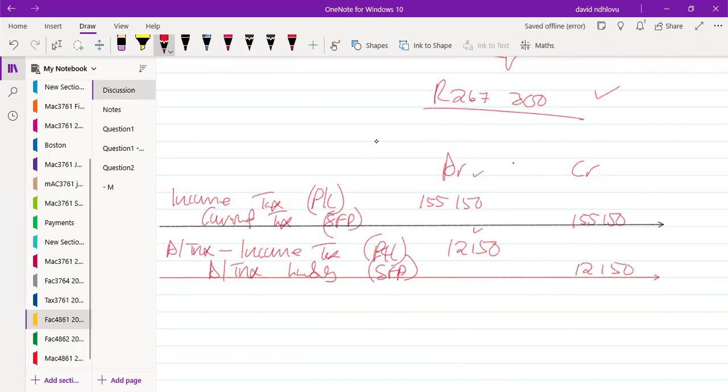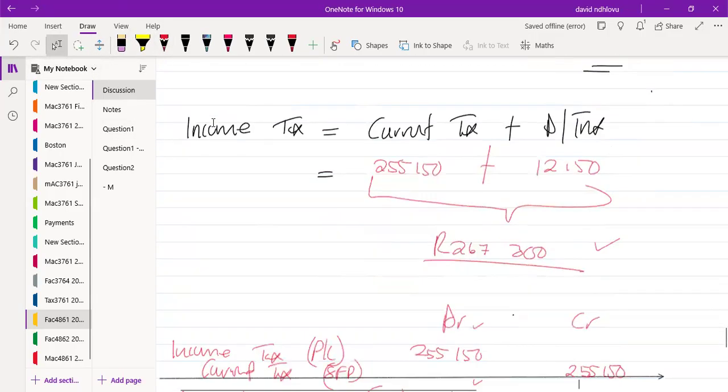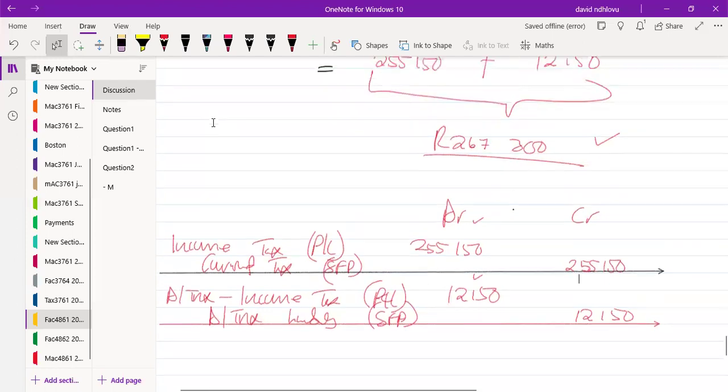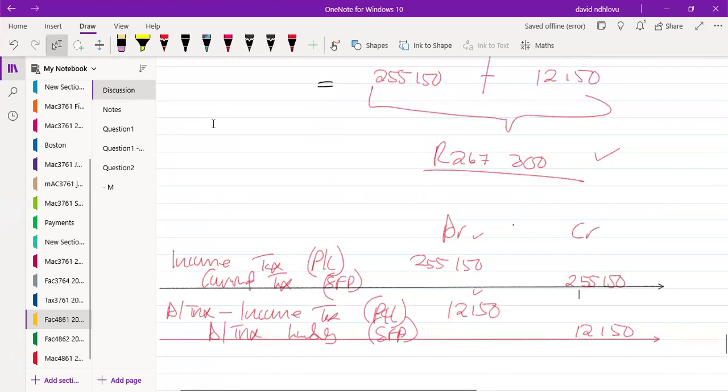Is it 255? Sorry about that. So 255 there, 255 there, which is the current tax figure that we have. If you understand where we are, you are very important. Any question?